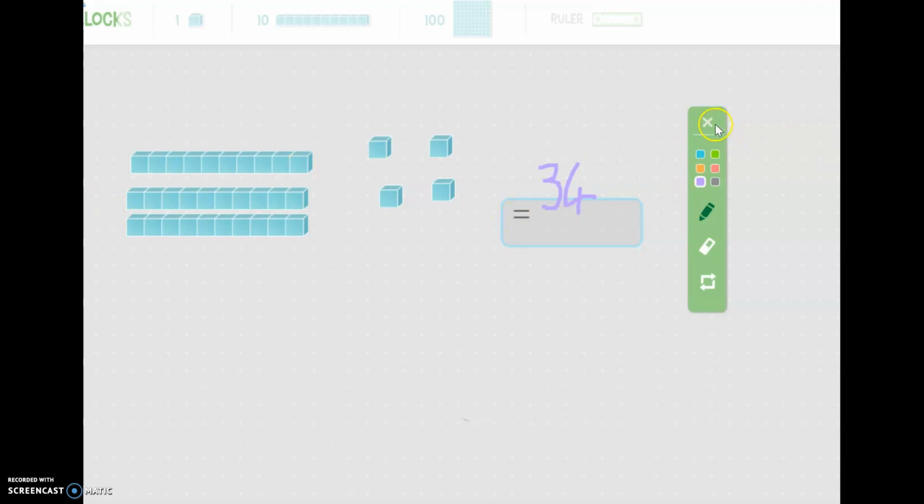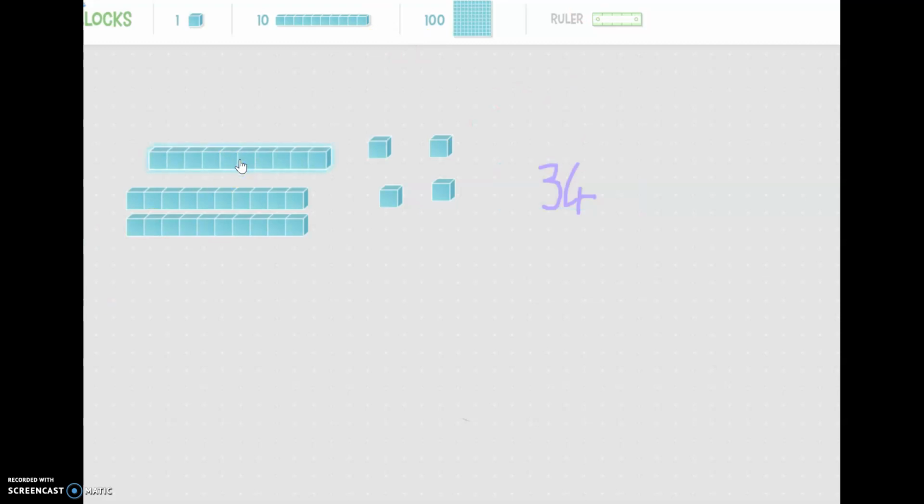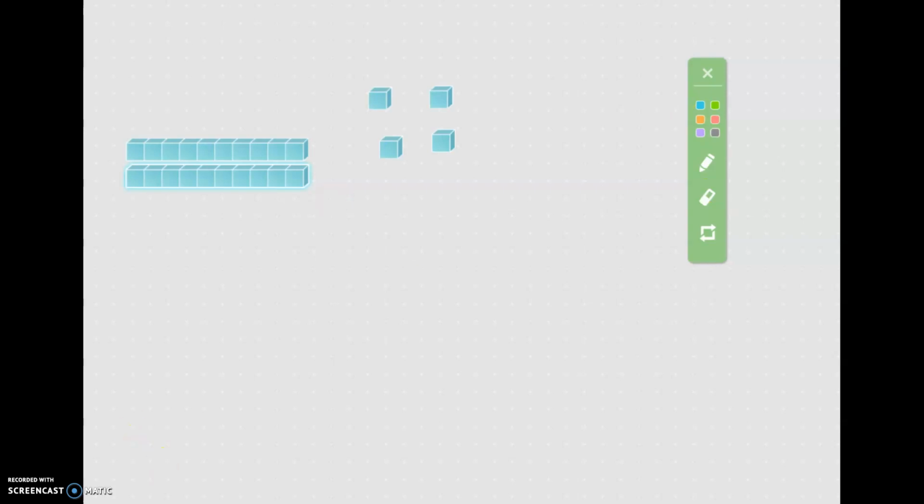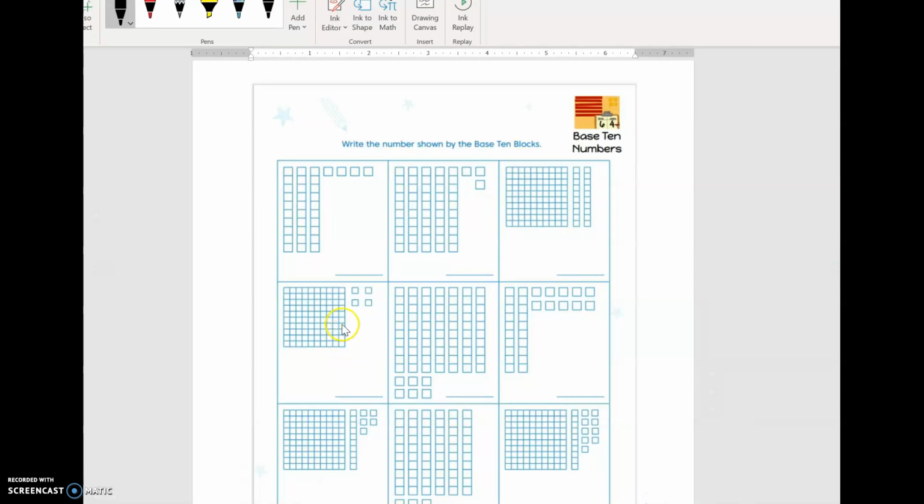So we have 34. Okay. Same thing. Let's try another one. So let's go back to our other screen and work on our sheet, and now we're going to practice.